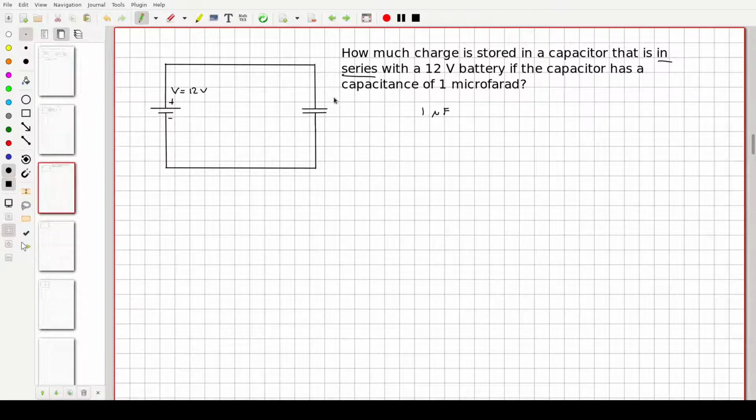Now, here you'll see something that has 2 parallel lines or plates. This is the symbol commonly used for a capacitor. Again, the properties of a capacitor that we're interested in are its capacitance, C, and here it's 1 microfarad, and micro is 10 to the minus 6.